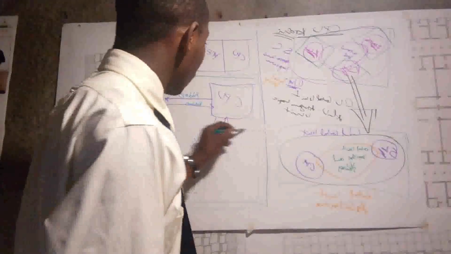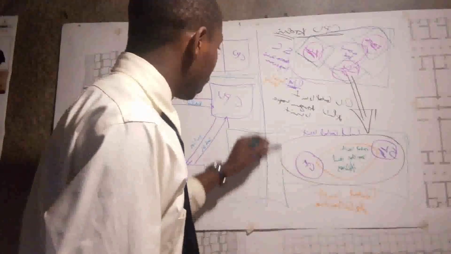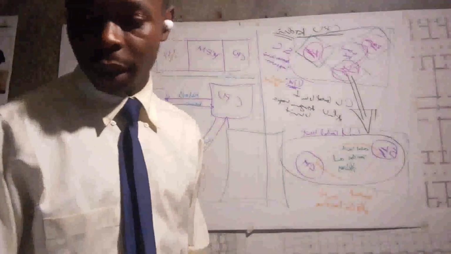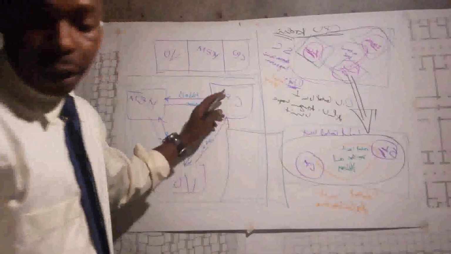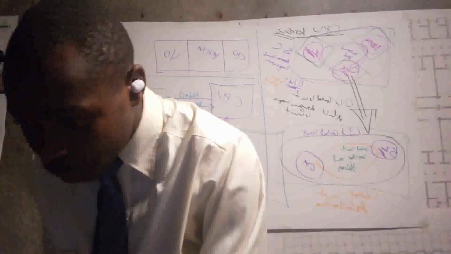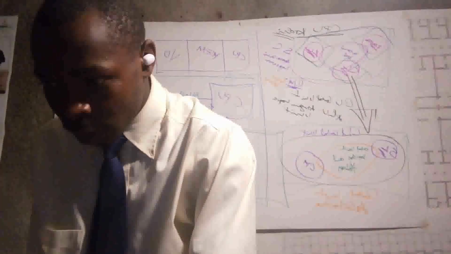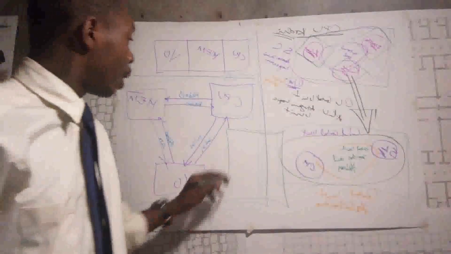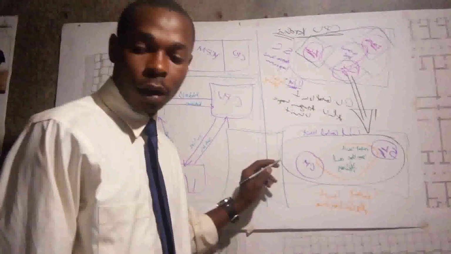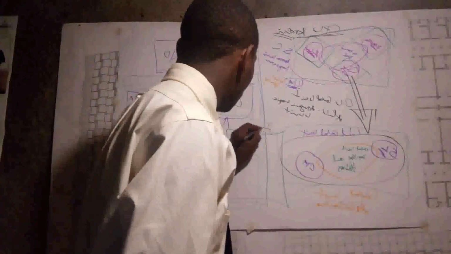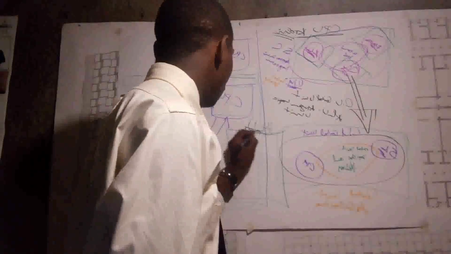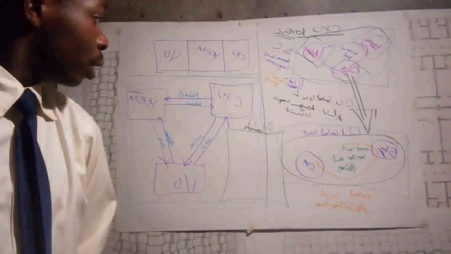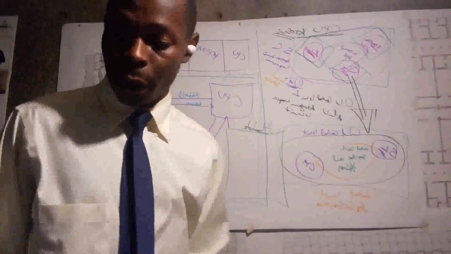Maybe we can see the ALU architecture here. Our ALU architecture has four internal parts. This is the ALU, the arithmetic and logic unit.